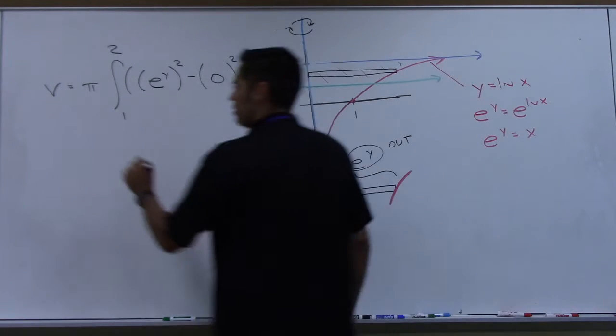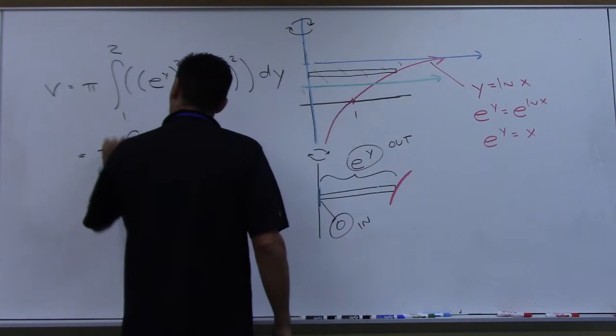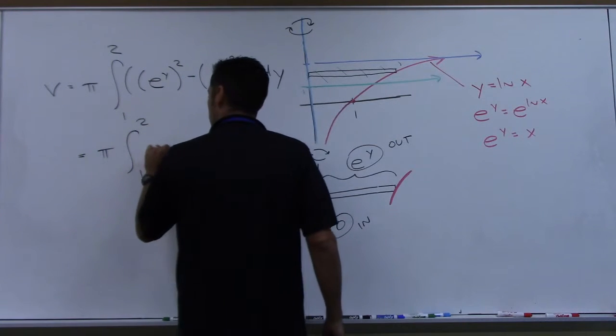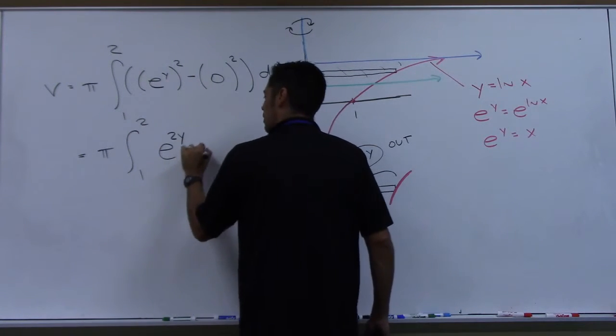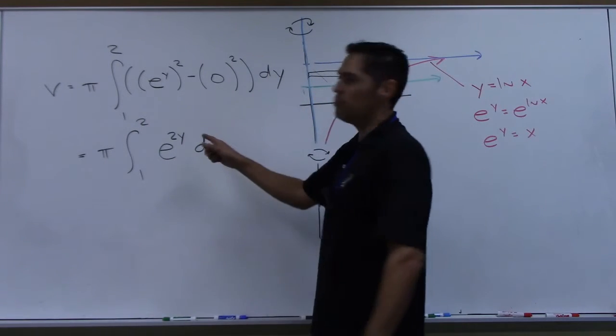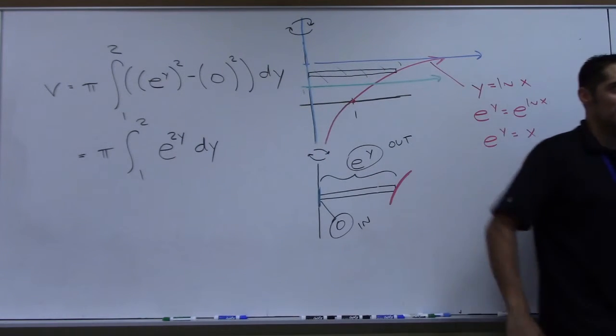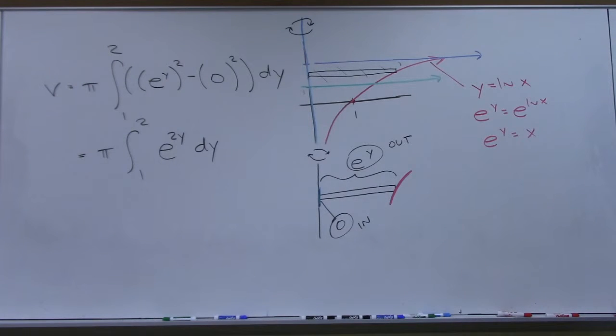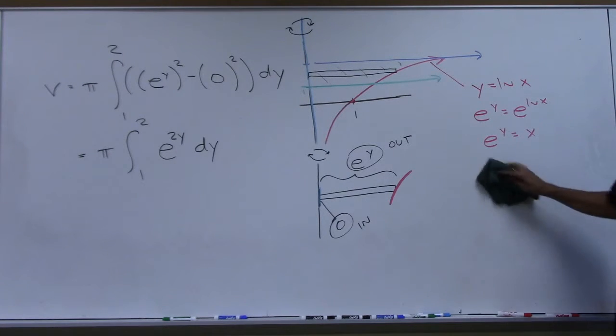That's just pi integral 1 to 2 e to the 2y, because we all learned on that test on number 5 that e to the 2y is e to the y squared, right? And can you integrate that?